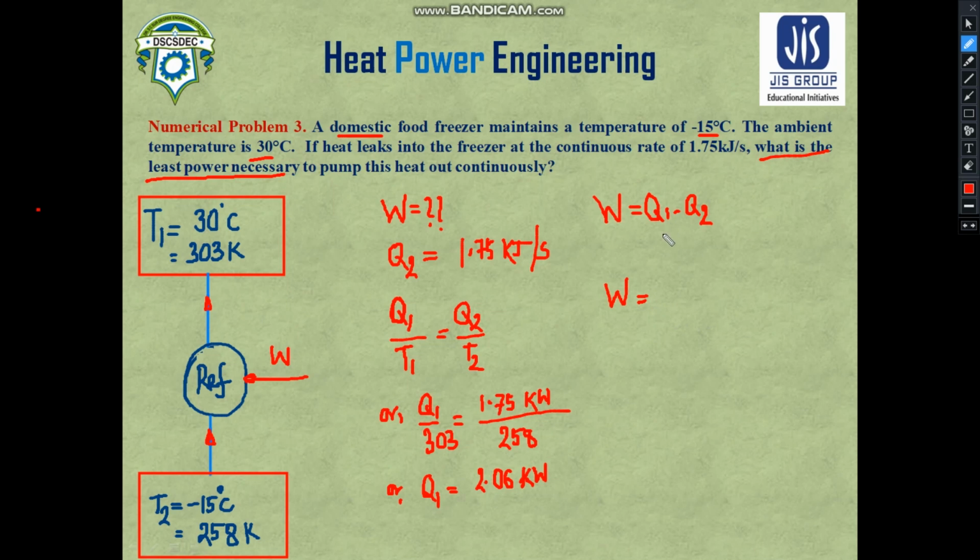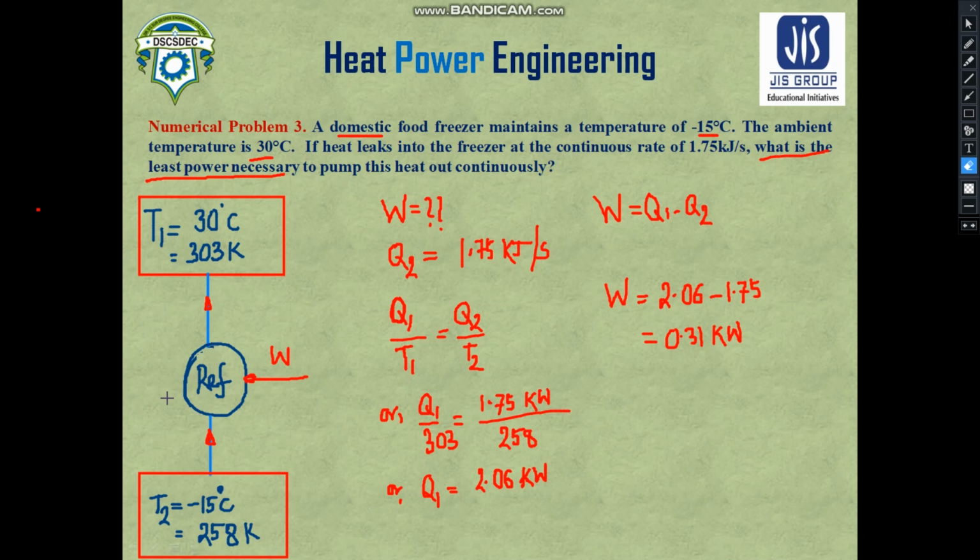So W is equal to Q1 minus Q2, so it will be 2.06 minus 1.75, which gives 0.31 kilowatt. So this is the least power necessary to pump the heat which is coming from the surroundings or the ambient continuously. So with this we can end this problem here.